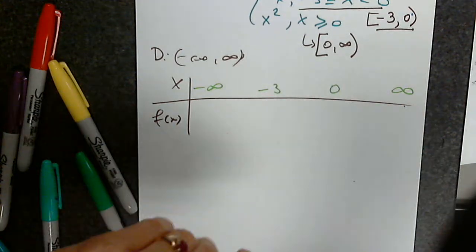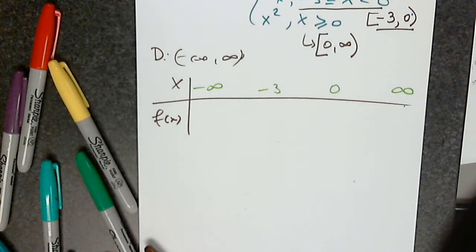Absolutely. Why do we have to put -3 and 0 no matter what? Because this is what happens there. I'm in one interval and I jump in the other one. Right? That's a crucial point.